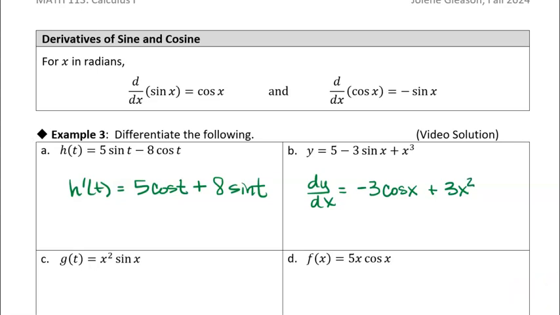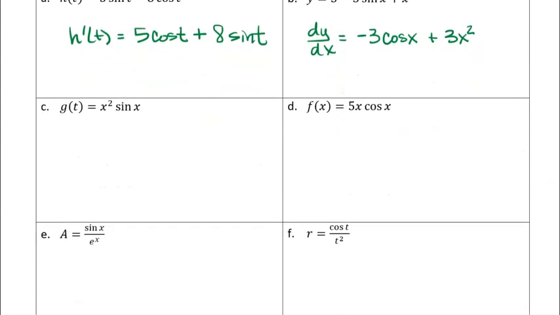All right, the next one is a product, right? So let me just scroll down here a little bit. Now, if you like the box method, we could put these values in a little matrix. We have x squared and the sine of x, and the derivatives are 2x and cosine of x. And then we could do it that way. Now, you may get to the point where you can just write it directly.